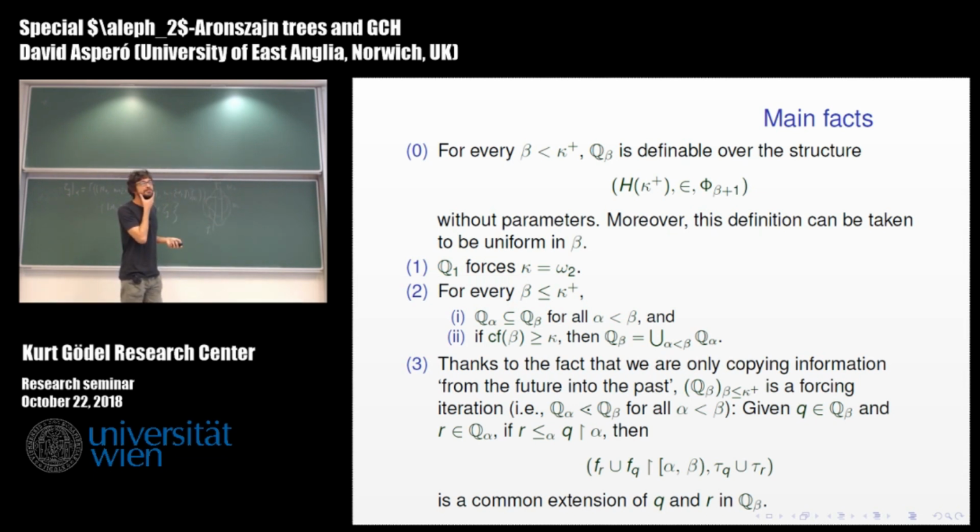They are of size less than kappa, which becomes less than omega 2. Well, that's after the first forcing. After the first forcing, yes, they become of size omega 1. Sure. But I'm talking in the ground model, right? Yes, I'm talking in the ground model. So the models come from V, and they have size less than kappa. They're not of size omega 1 in V.